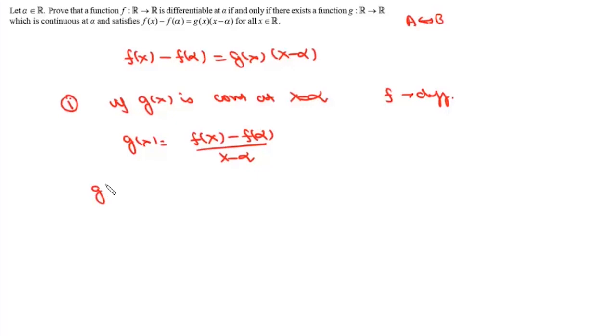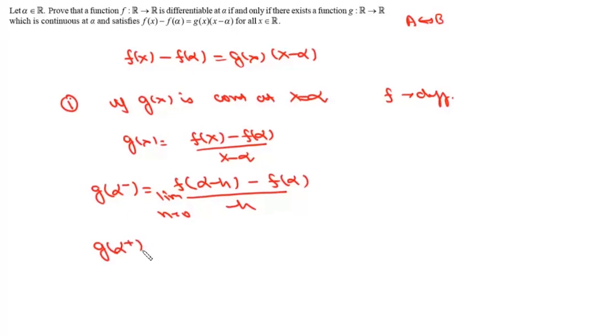Now if we write g(alpha negative), it will be the limit h tends to 0 of (f(alpha minus h) minus f(alpha)) upon minus h, and g(alpha positive) will be the limit h tends to 0 of (f(alpha plus h) minus f(alpha)) upon h.